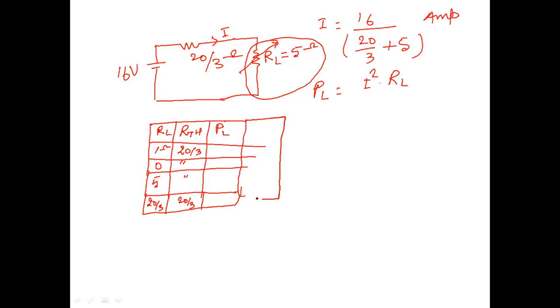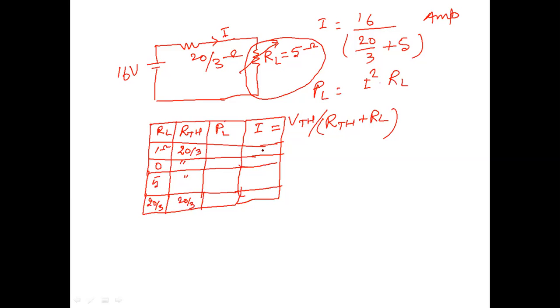To calculate this power, first we have to calculate the value of current I. I will be equal to VTh divided by RTh plus RL. So for different values of load resistance, we can find different values of current and power also.